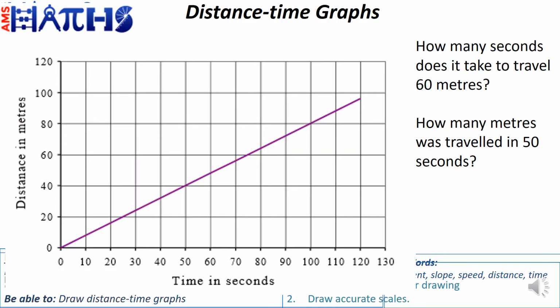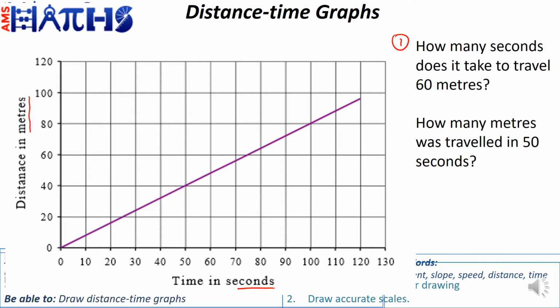Now let's look at reading our distance time graph. Again, on your distance time graph, distance is on the vertical axis, time is on the horizontal axis. We also need to make note of what the units are. The distance was in meters and the time is in seconds. So our first question is, how many seconds does it take to travel 60 meters?